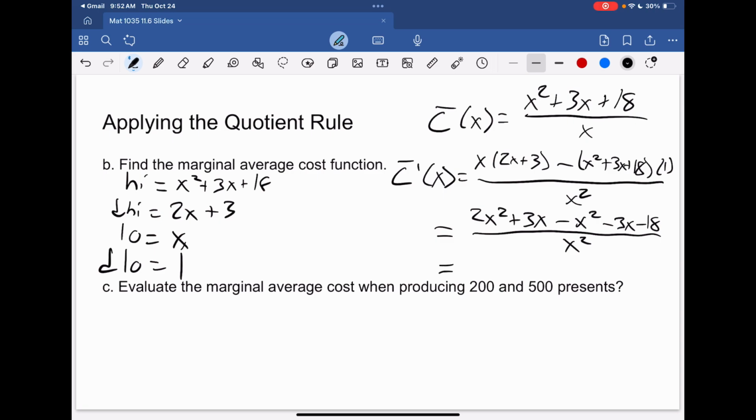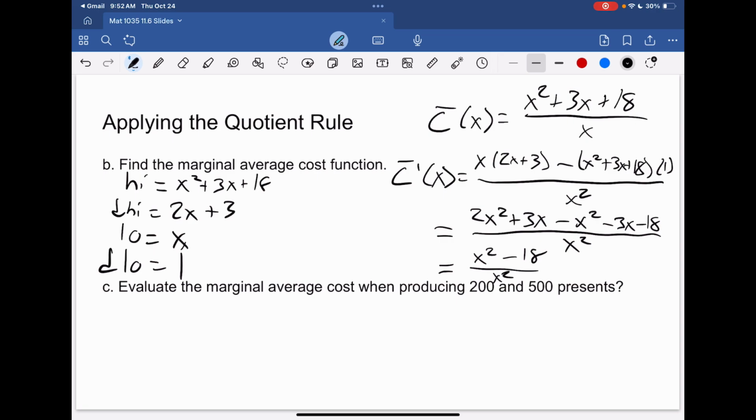I have 2x squared minus x squared, so that is x squared. I have 3x minus 3x, that's 0. Minus 18, all over x squared. And so that is my marginal average cost function.